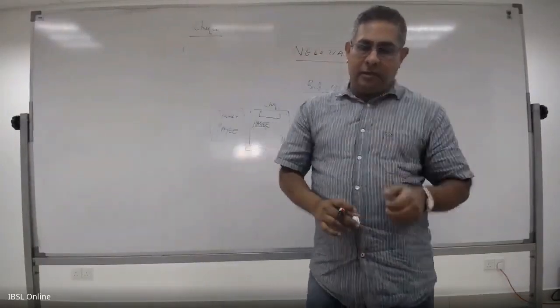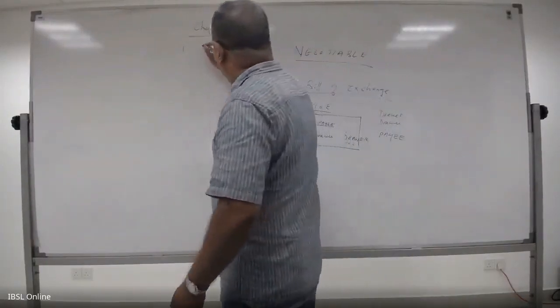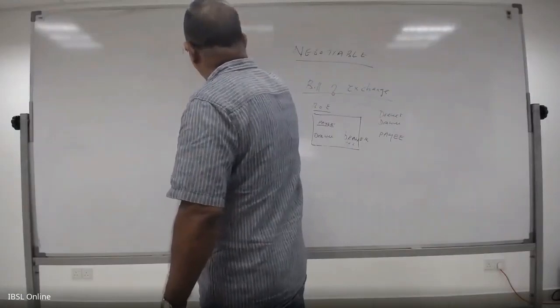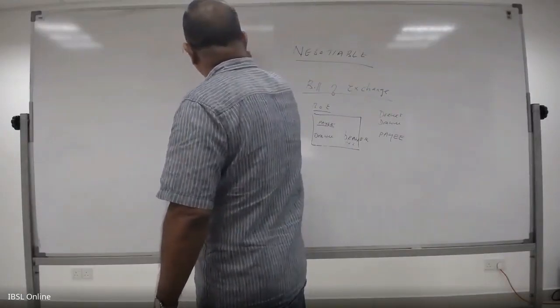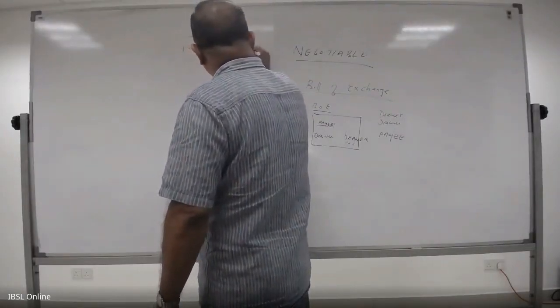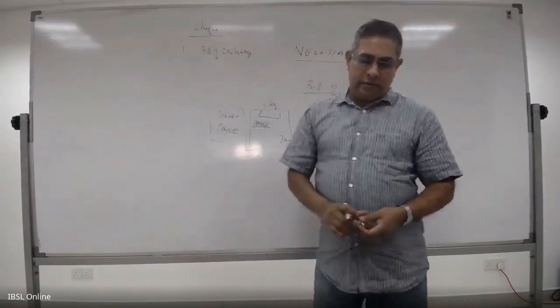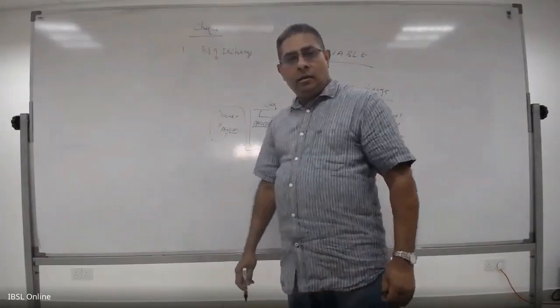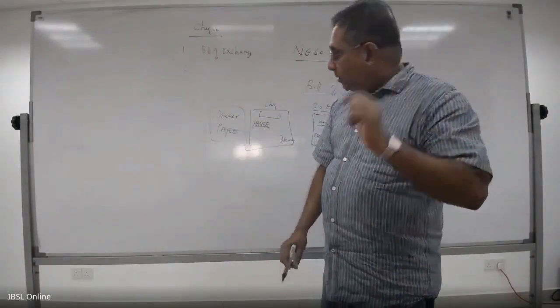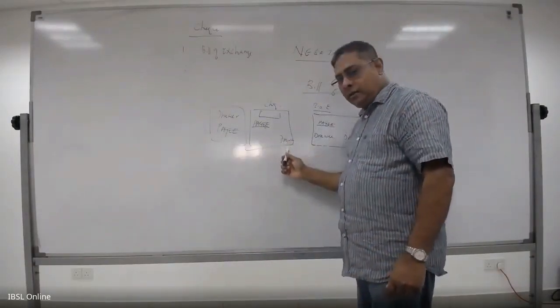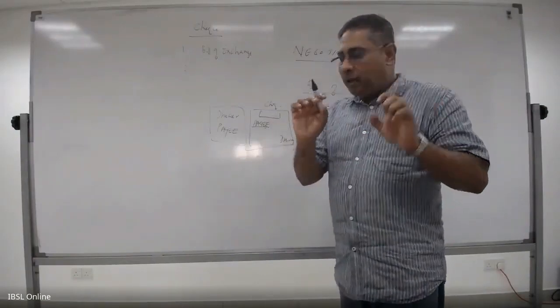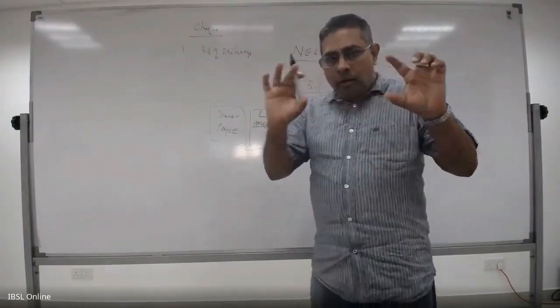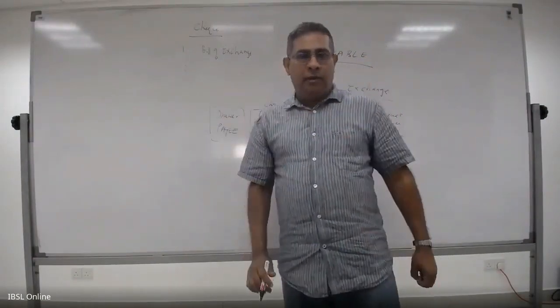Check is a bill of exchange. And what is the second one? It has to be drawn on a bank. That is why I said a check will always carry the name of the bank on top of it in a bigger font.